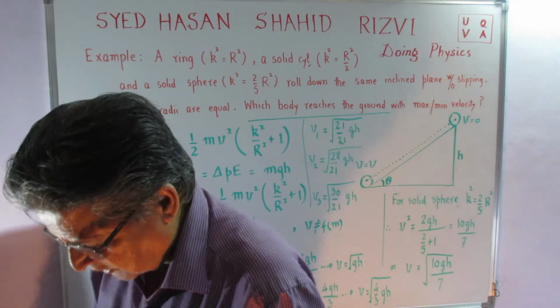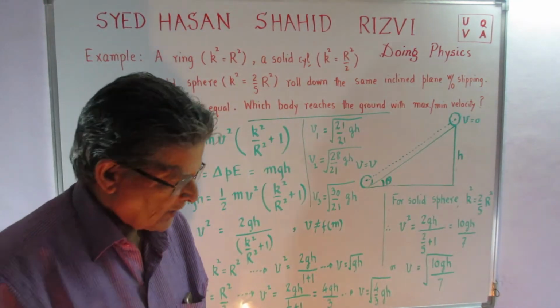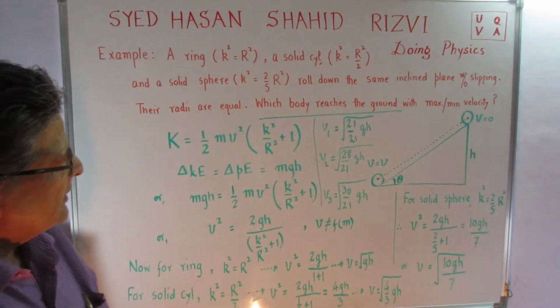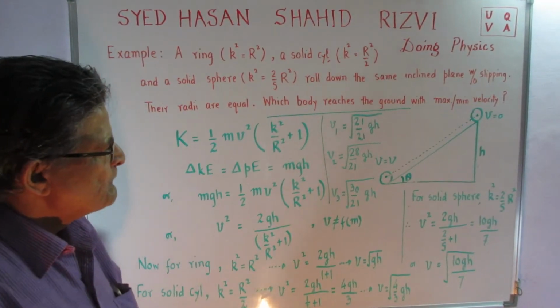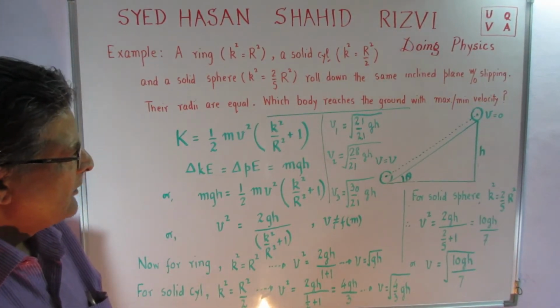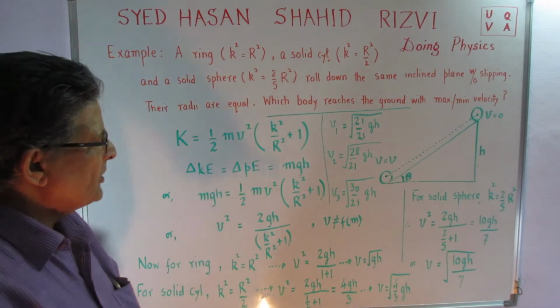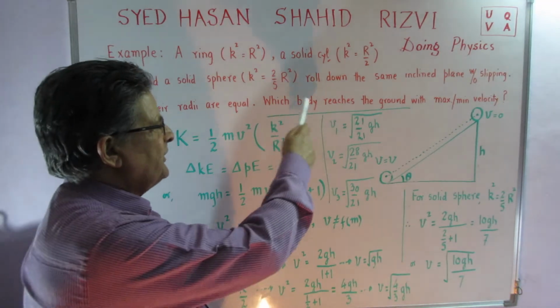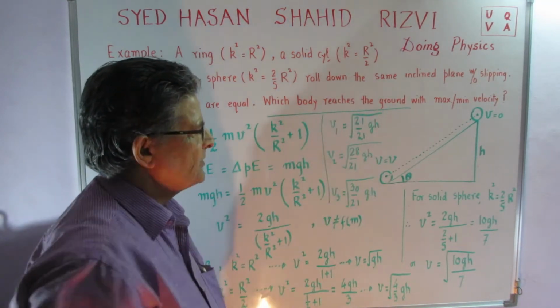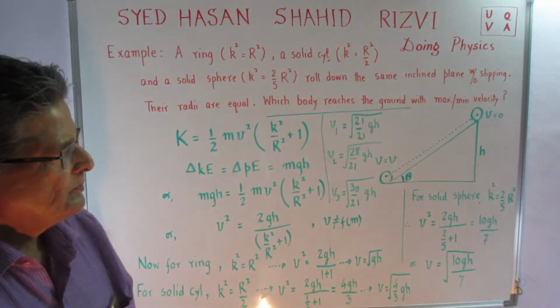Their radii are equal. The radius of the ring, the radius of the cylinder, the radius of the sphere, they are all one and the same. We will see that masses may be different because it doesn't matter. Now the question is, which body reaches the ground with maximum or minimum velocity?